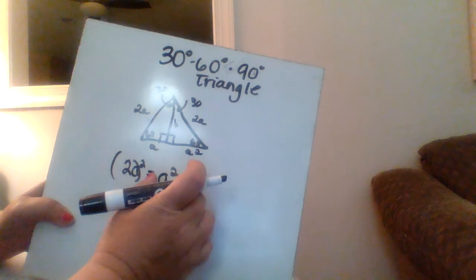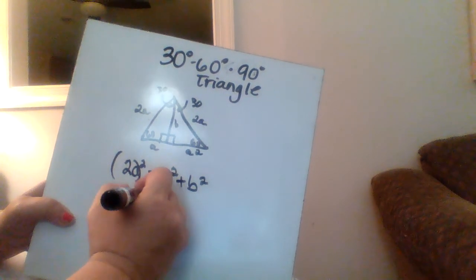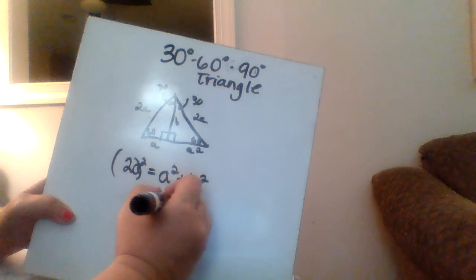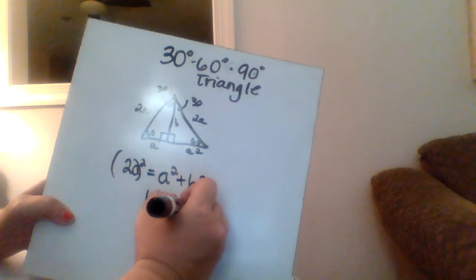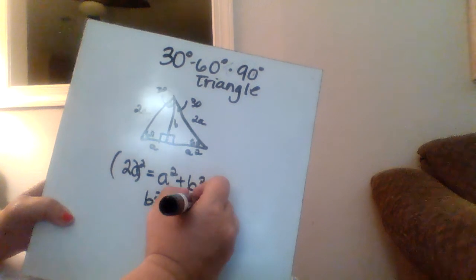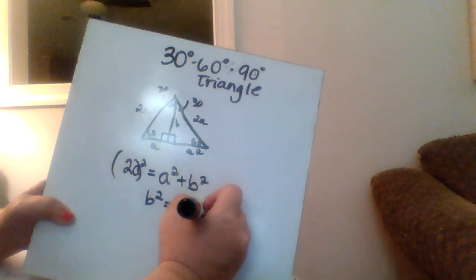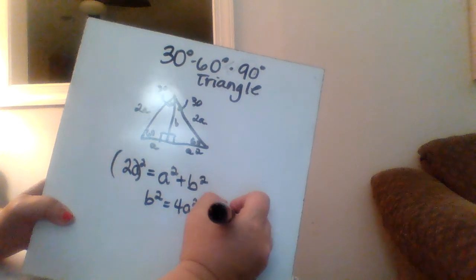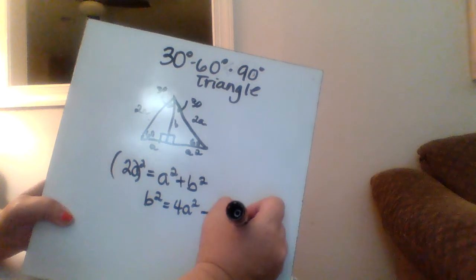And here we said that b squared is going to be equal to 4a squared minus a squared. It's going to be equal to 3a squared.